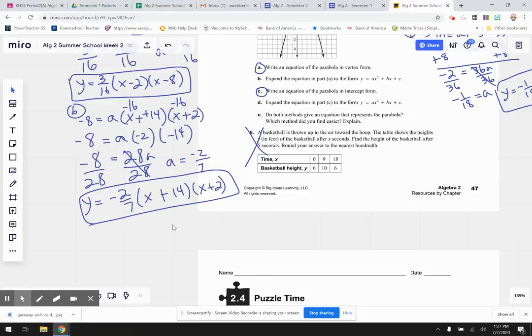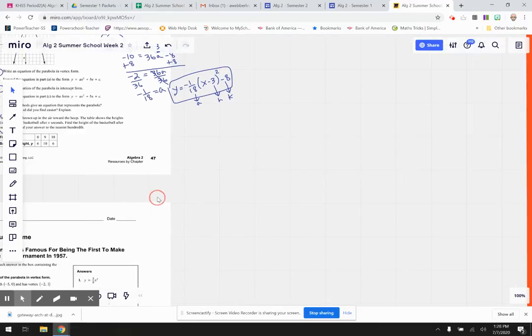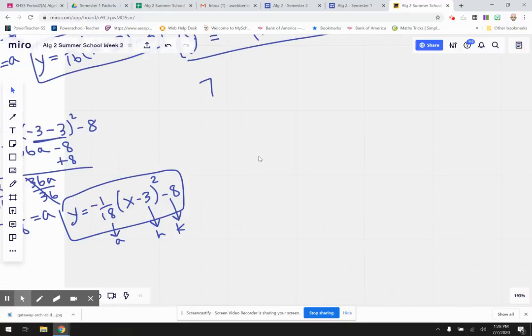So you could use the first formula, or you also have two intercepts, so you could actually use the second one as well. So you could use the first or the second and you'll get the same answer. So I'm going to go ahead and move this over to here so you can see it.